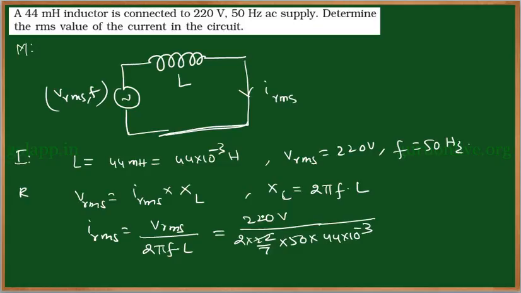So 22 tens and 0 gets cancelled. 5 2s are 10. 10 here, 10 to the power of minus 3. So we will get 10 to the power of minus 2 here. So when it goes up, it will become 100, and 7 also goes to the numerator. So you will get 700 divided by 44, which is nearly 15.91 amperes.